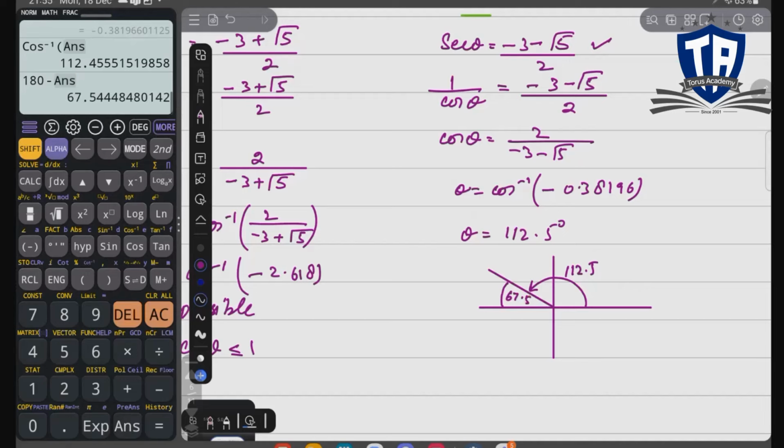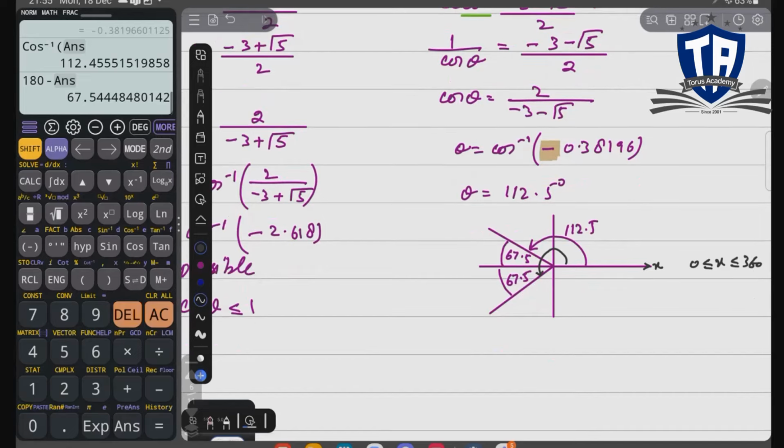You can see the value here is negative, so your cos would lie in the second and third quadrants. In the second quadrant, we have shown the angle, but when we are looking for the angle in the third quadrant, we need to show the basic angle, and then we'll find the angle from the positive x-axis, because x is greater than or equal to 0 and less than or equal to 360.